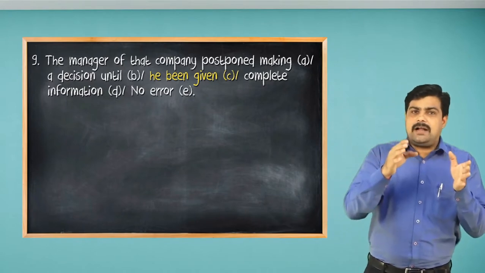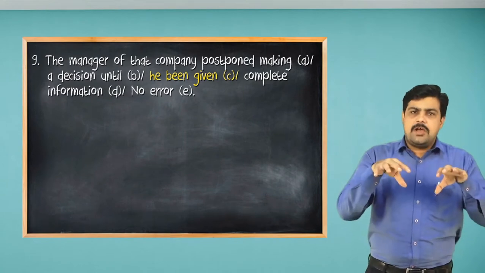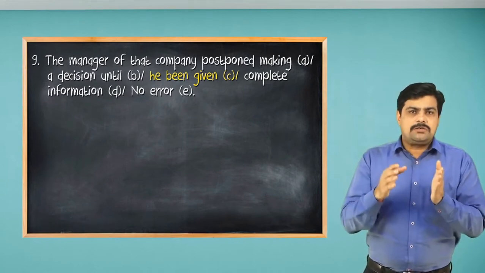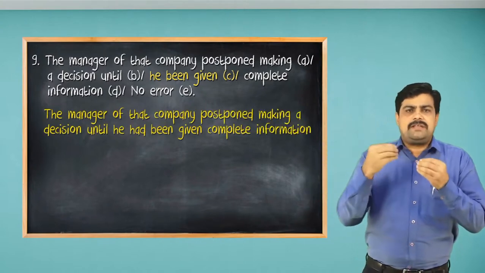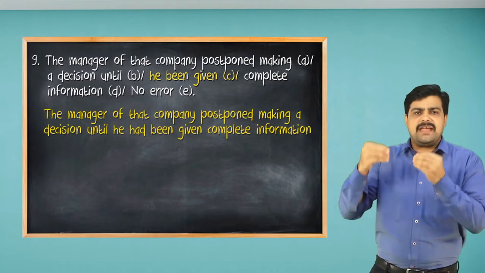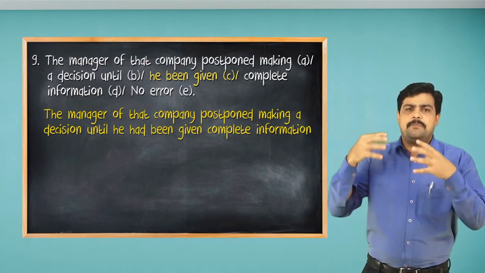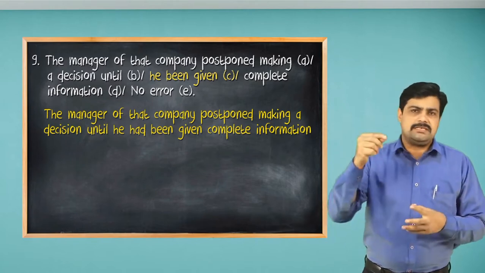So this part has an error. Place had before been. And now see the improved sentence. The manager of that company postponed making a decision until he had been given complete information. Now this sentence is right.